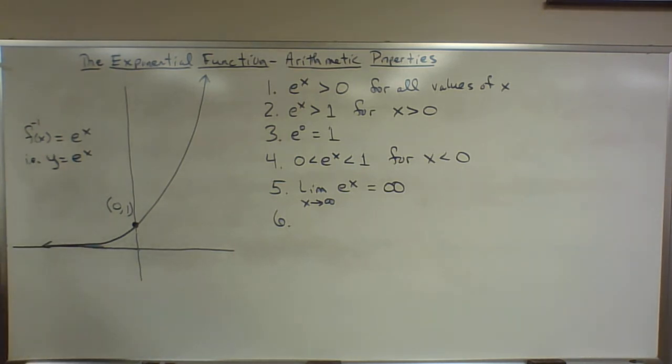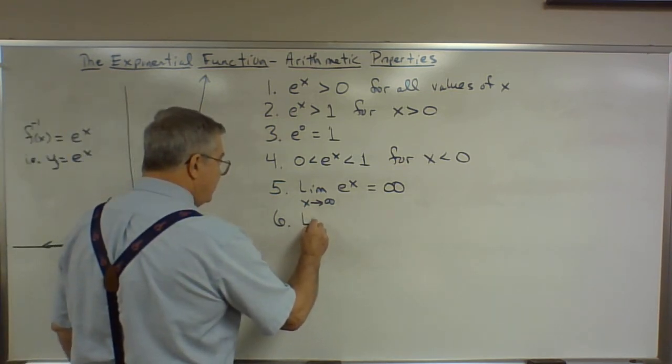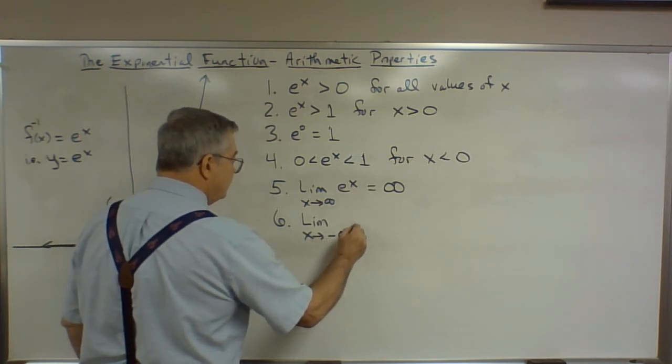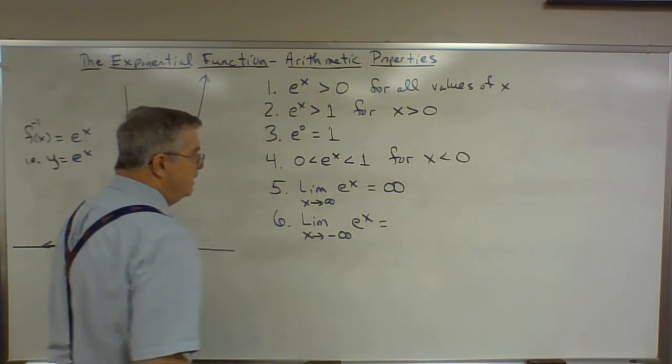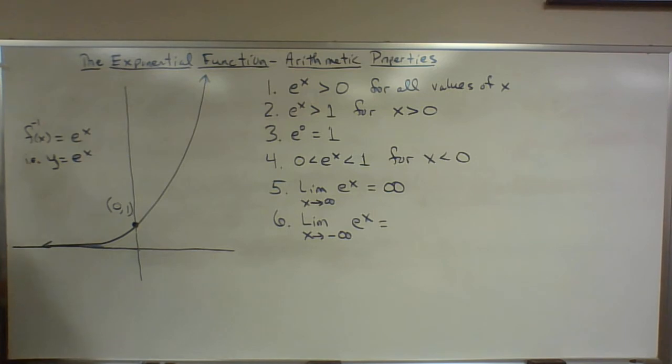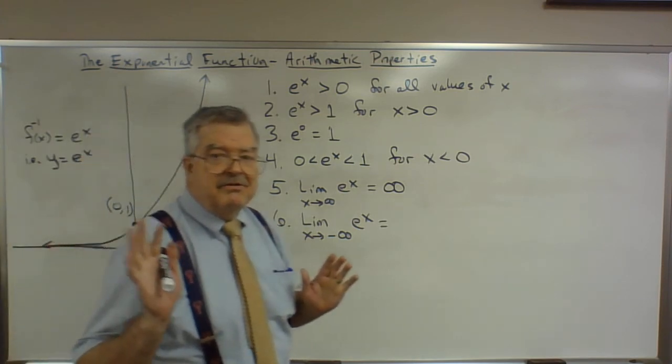One more arithmetic property. Let's let x go in the opposite direction. Let's let x go to negative infinity. And notice, as we move along the graph in such a way that x goes to negative infinity, this graph gets closer and closer to the x-axis, but it never touches it.